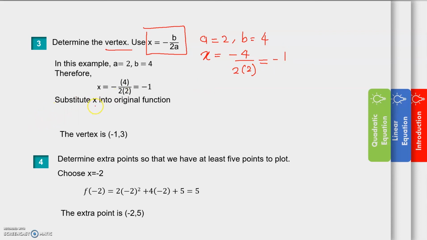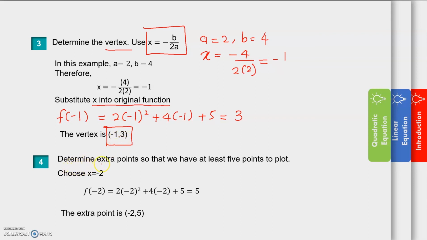Then with x equal to negative 1, we substitute in the original function. That is, we have f(-1) equal to 2 times (-1) squared plus 4 times (-1) plus 5. We get the answer equal to 3. This means that our vertex or turning point is (-1, 3).